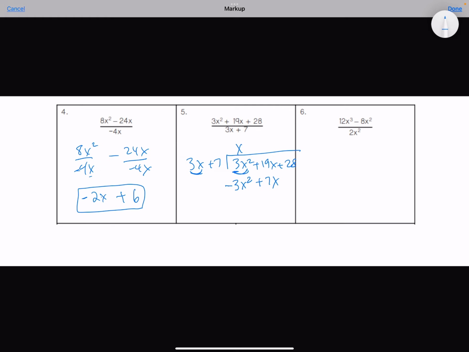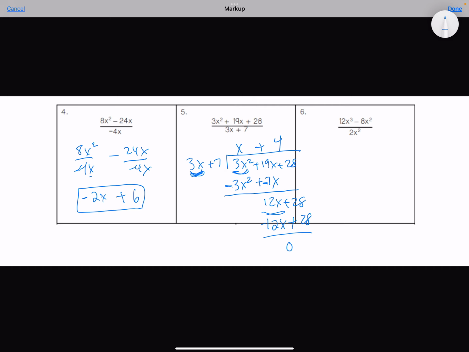So now I'm subtracting, just like regular long division. 19 minus 7, 12x plus 28. So now what do I multiply 3x by to get 12x? I multiply by 4. So when I subtract, I have a remainder of 0.